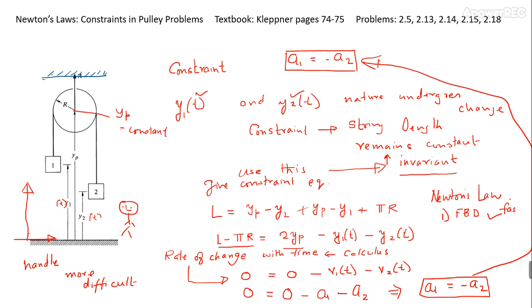It's a fast learning curve. Second is writing the Newton's laws equations, Newton's equations, which again is going to be a fast learning curve. And the third part, which is a requirement of the solution of the problem, is often the geometric constraint.